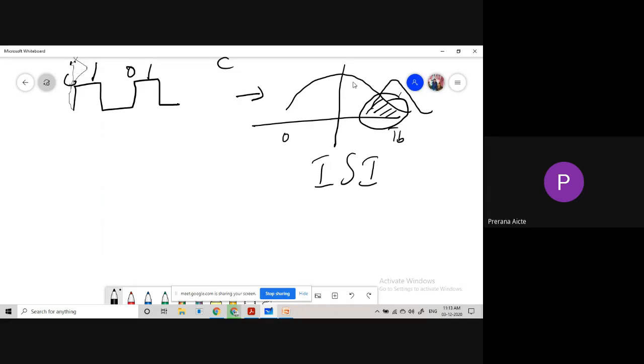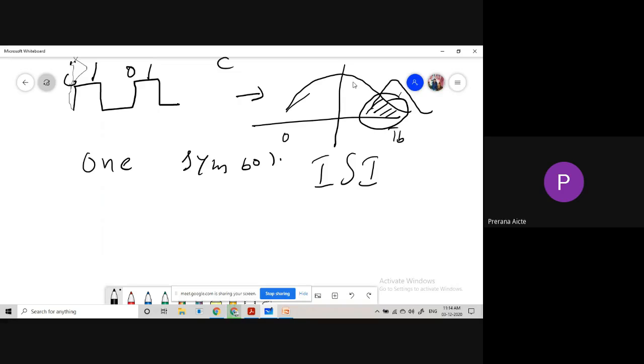So finally, what is meant by ISI? ISI is a form of distortion of a signal in which one symbol interferes with the subsequent symbols, which is called intersymbol interference. Simply, it is the spreading of a pulse.